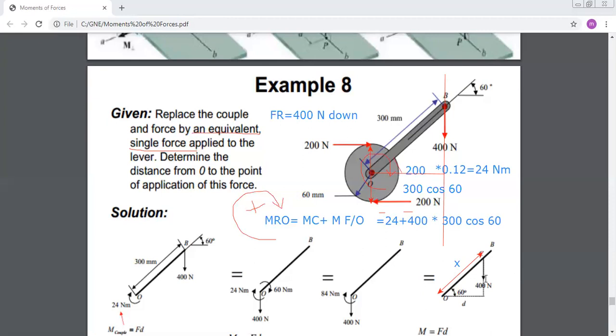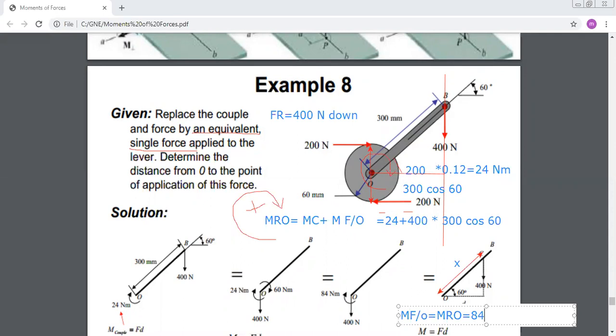To have this, the condition is that the moment of this force about O should be equal to 84. Okay, so here I say the condition for equivalent system is that the moment of F about O should be equal to M resultant about O, which was calculated to be 84.